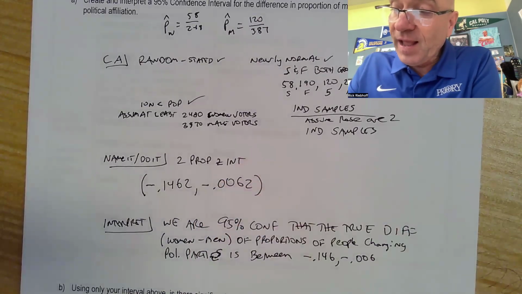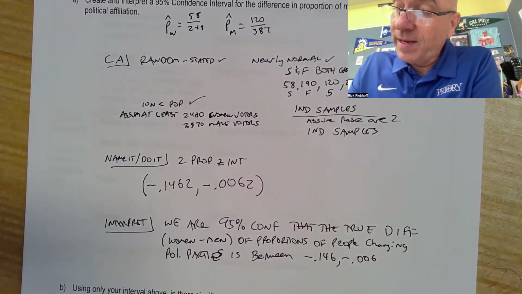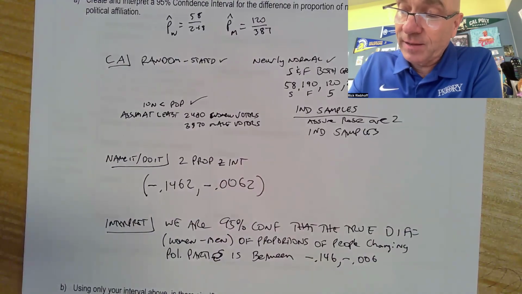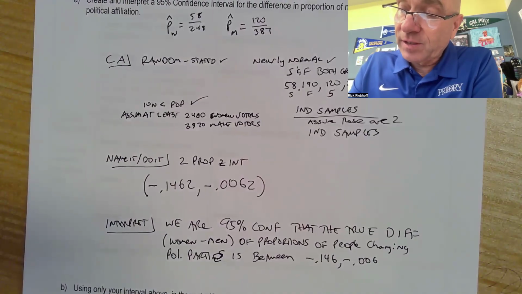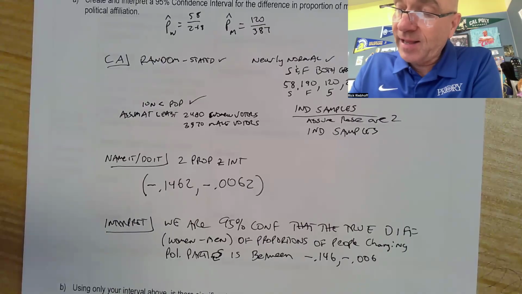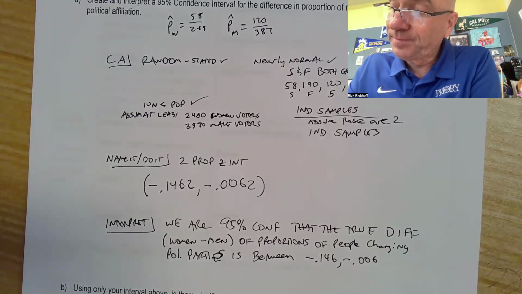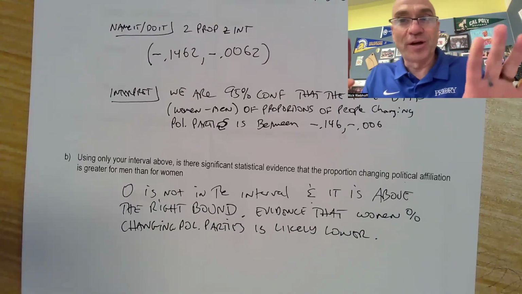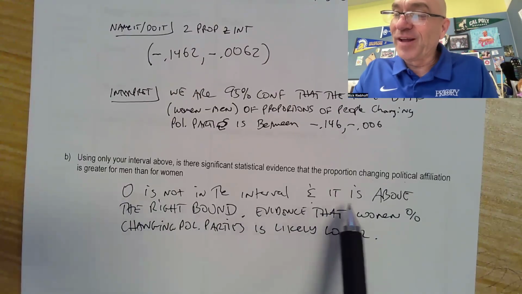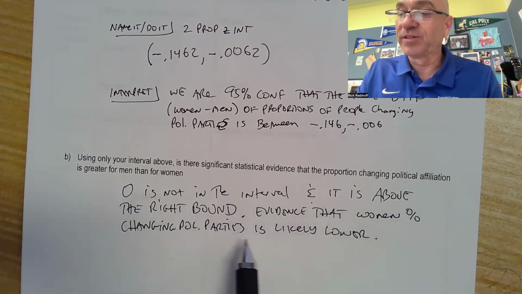Evidence that women's percentage changing political parties is likely, never commit, likely lower. Cool. Sorry. So zero is not in the interval and it is above the right bound. This is evidence that women's percentage changing political parties is likely lower.